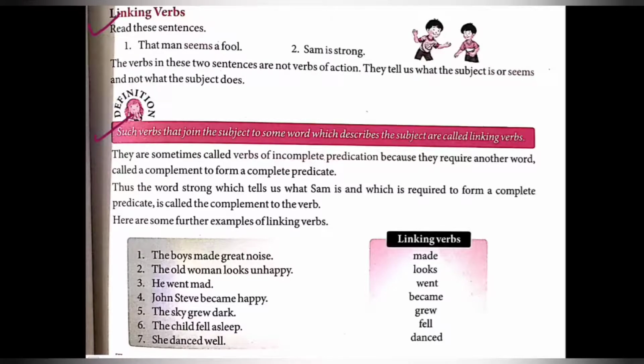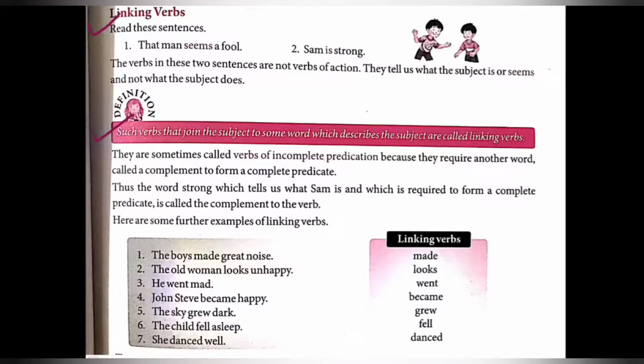They are sometimes called verbs of incomplete predication because they require another word. Suppose I say Sam is. So is is the incomplete form, incomplete predication. So they require some other words.